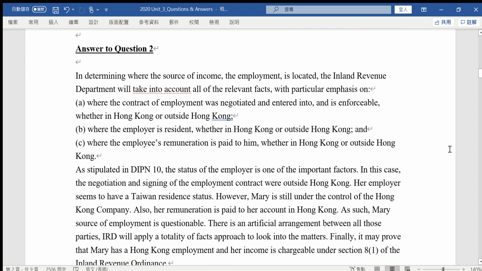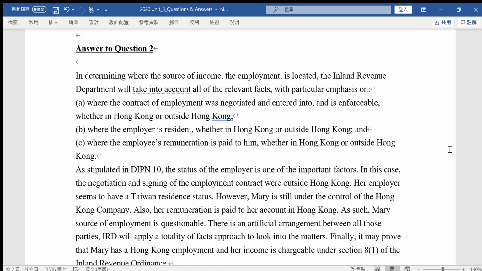By looking at those things related to question 2, it seems that Mary has a Taiwan employer, right? It seems that her employer has Taiwan resident status. The second one is simple, and the contract is most likely signed, concluded and enforceable in Taiwan. As we have already mentioned, the employer's resident status is the most important factor, right?